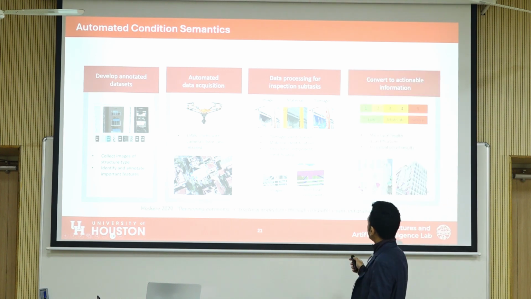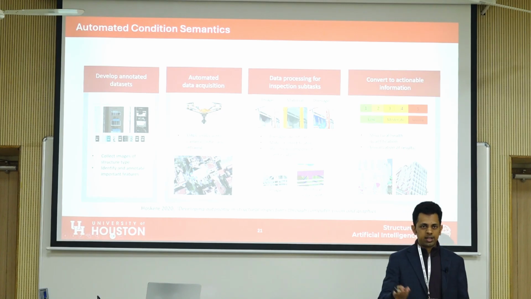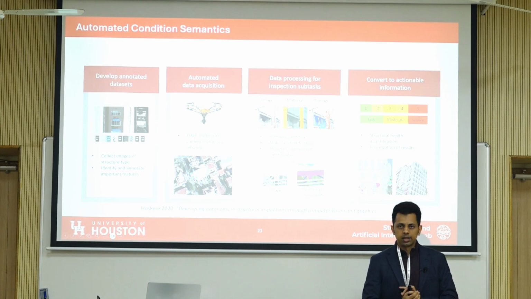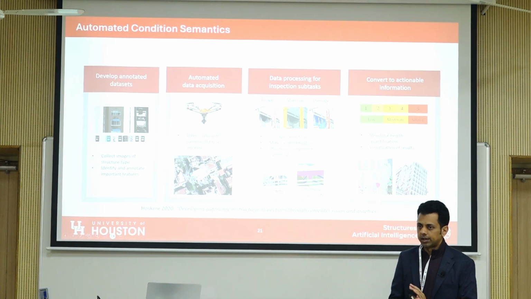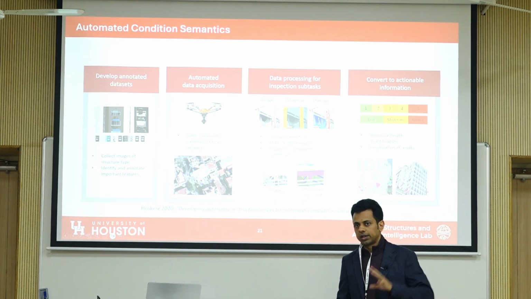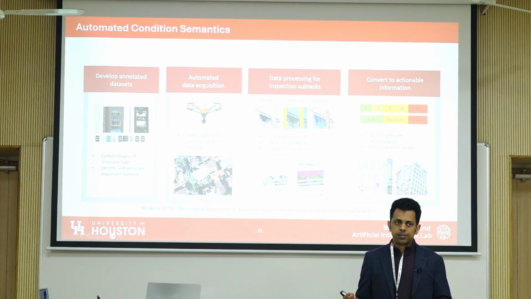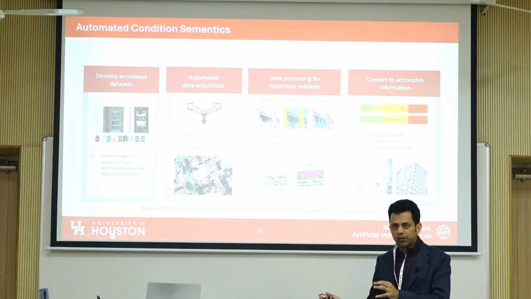Now, once you've done this for one image, you can do it for all the images that you acquire from your drone survey. And then you can put that together into a 3D reconstruction using photogrammetry. You can also then use that photogrammetry as a basis to create digital twins. But you can get more information from the image.